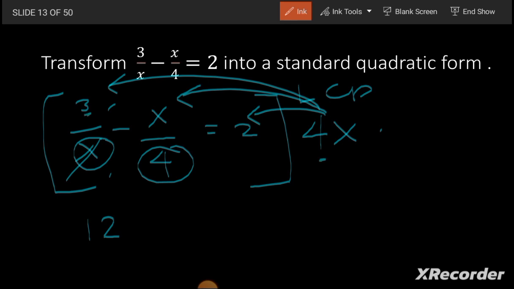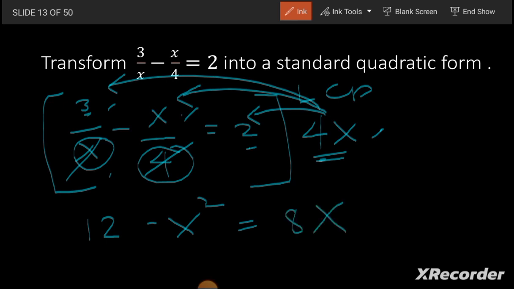Minus, okay, dito naman, sa next term, x over 4. So, makakancel na rin yung 4 sa denominator at yung 4 sa LCD. So, ang maiwan na lang na mag-multiply ay yung x dito at saka yung x sa LCD. So, we have x squared na lang equals, dito naman sa right side of the equation, 2 is to be multiplied with the LCD na 4x then.